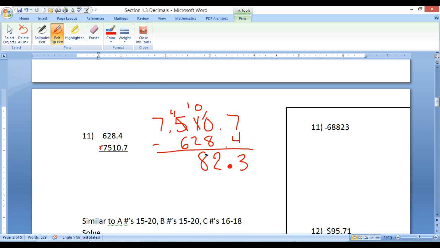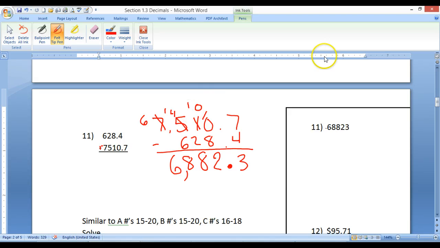Now I move to the next one, the hundreds place value. 4 can't subtract 6, so I have to borrow once again. Make the 7 into a 6, the 4 into a 14. 14 minus 6 is 8. And then 6 minus nothing is 6, which is 6,882.3.